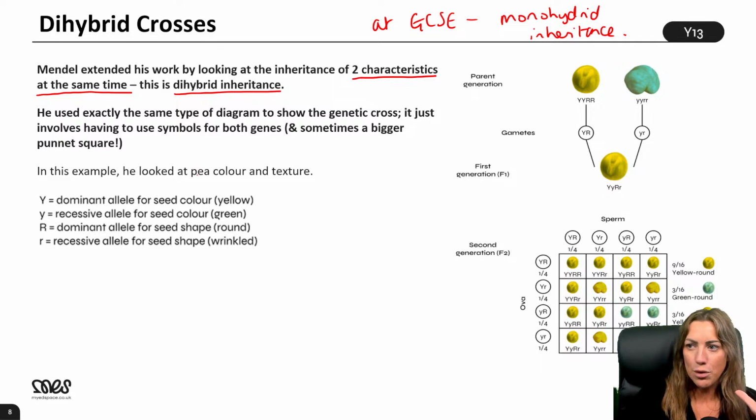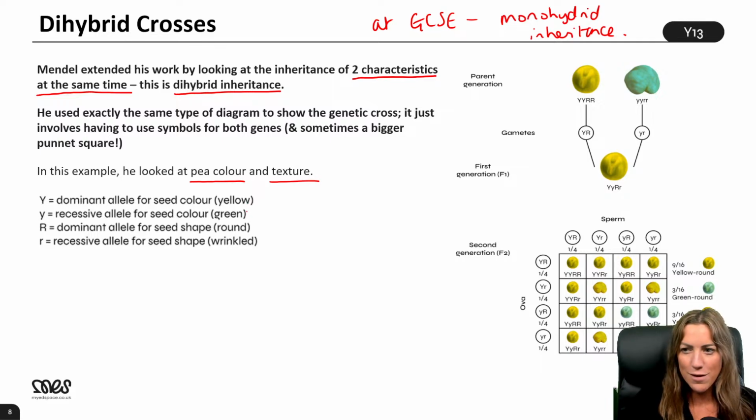So in this example, Mendel was looking at the inheritance of two genes. The gene for pea colour and the gene for pea texture. We know he was obsessed with peas. Yeah, who knows why. But he's looking at those genes together. So he looked at the colour. Now, yellow was the dominant colour, green was the recessive colour.